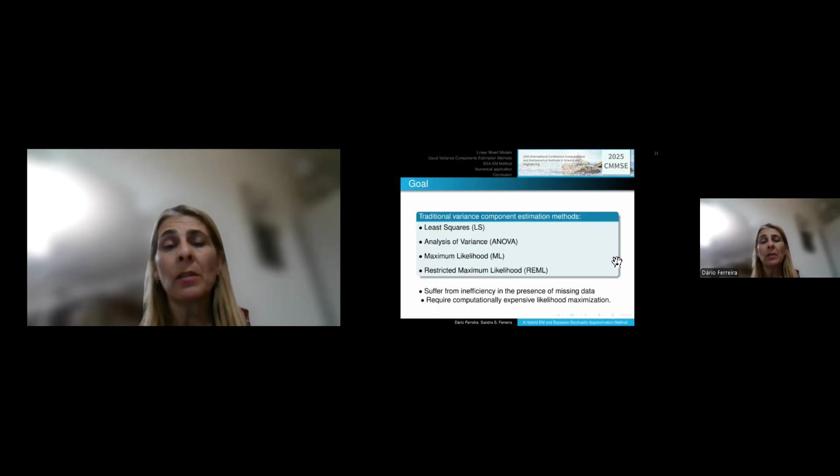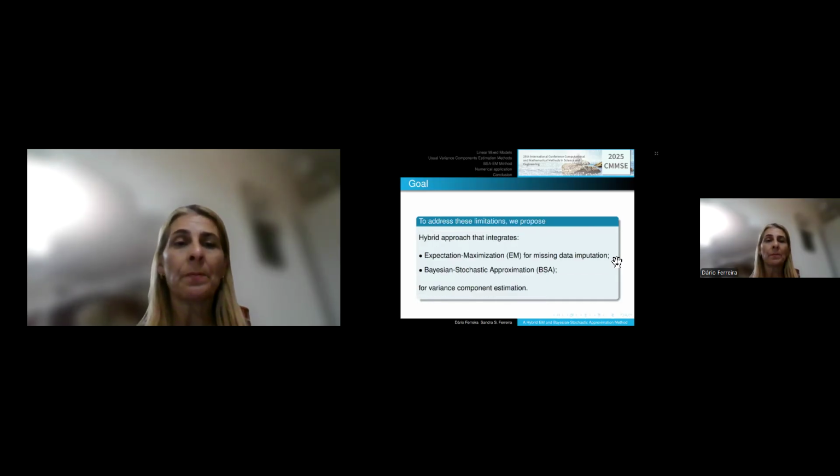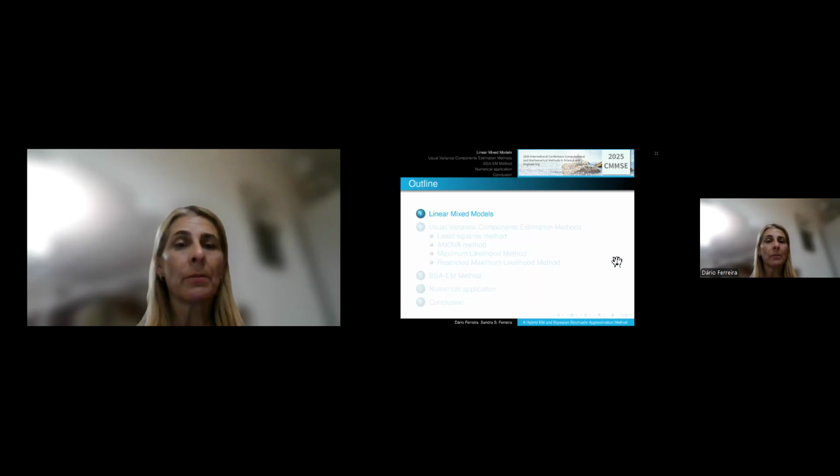But these methods, between many others, suffer from inefficiency in the presence of missing data, and they require computationally expensive likelihood maximization. So, to address these limitations, we propose a hybrid approach that integrates EM for missing data imputation and BSA for variance component estimation.